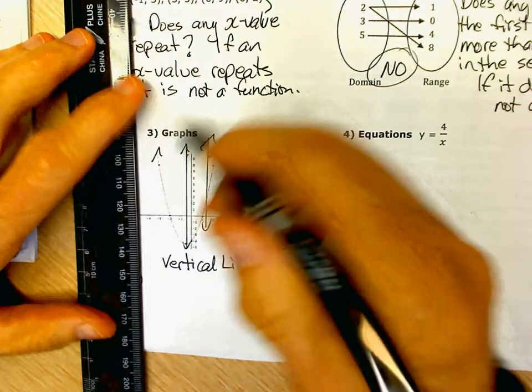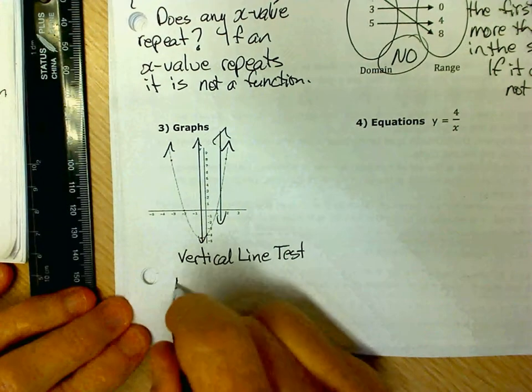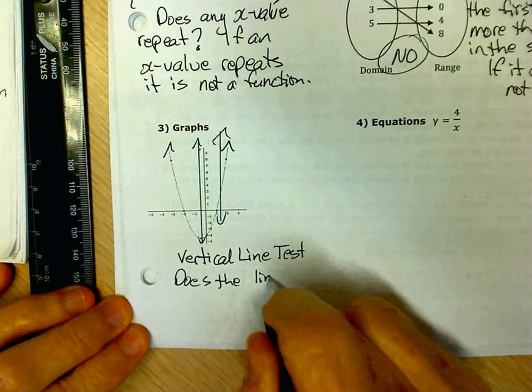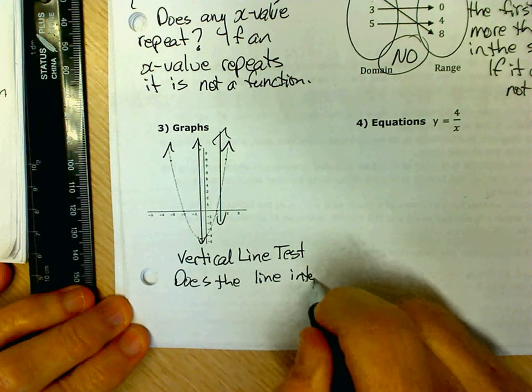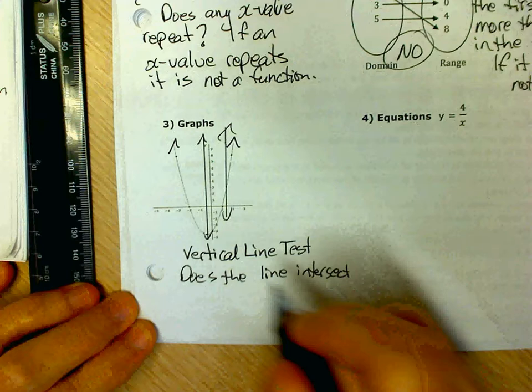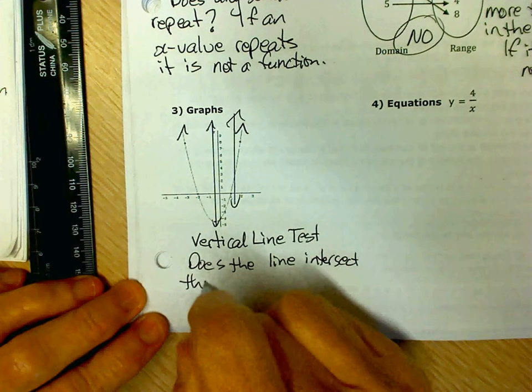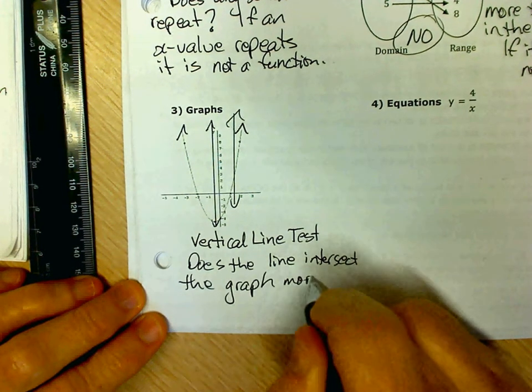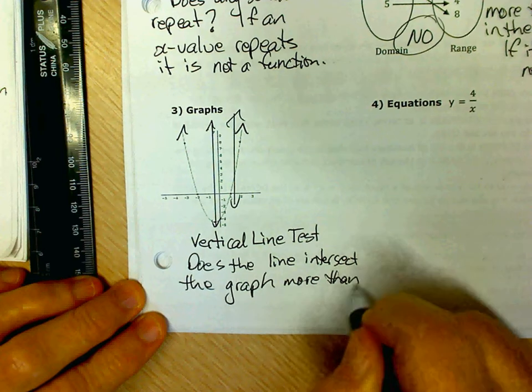No. Okay. Does the line intersect the graph more than once?